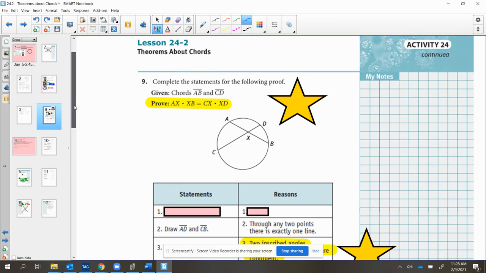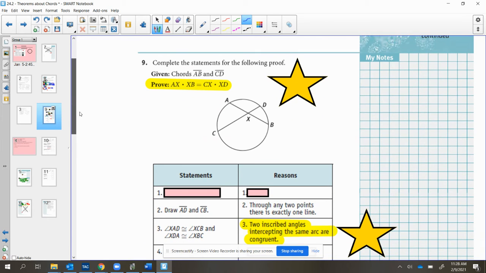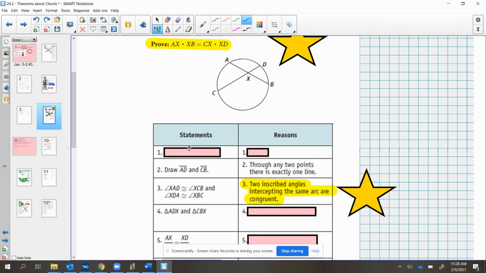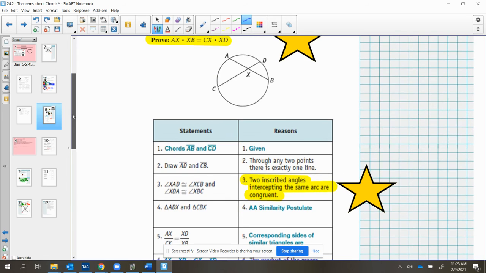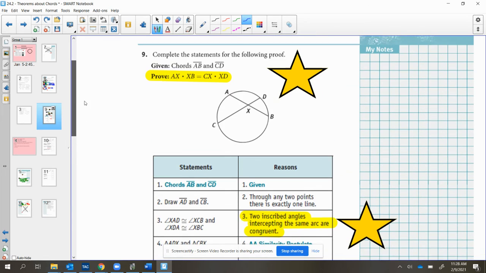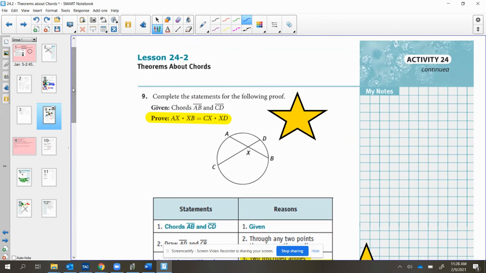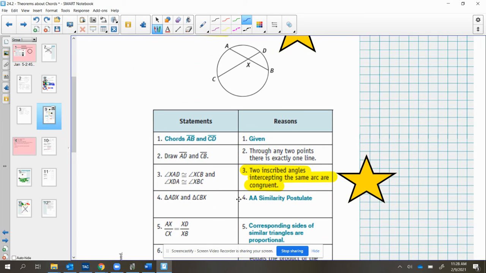Now, in the proof of this example on page 343 that we're not really going to go through, the proof actually utilizes our final theorem of the day, and that's actually talking about some angles inside of this. Now, it's not actually a theorem about a chord like the lesson told us it is, but this is an important theorem to know for later on, and this is where the book talks about it.